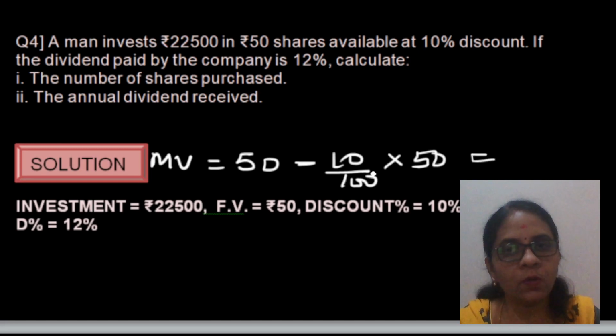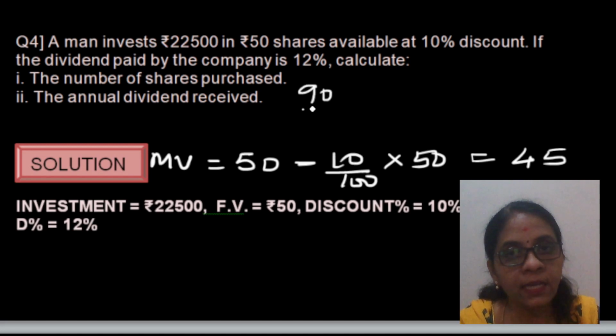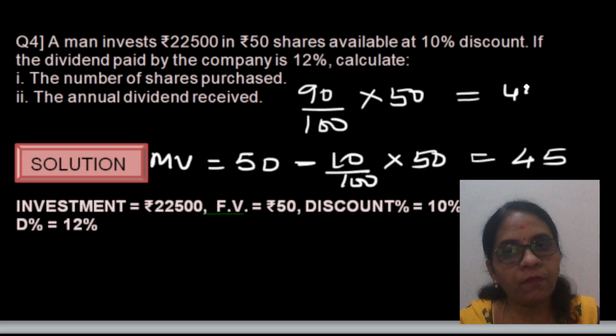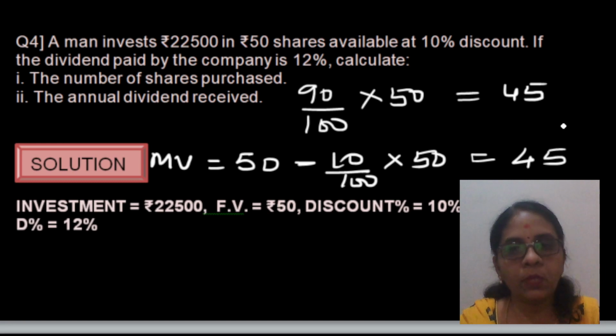Cancel this 0, this 0. 50 minus 5, which is 45 rupees. Also, you can do it directly as 90 by 100 into 50, which is also 45 rupees. So whether you choose this way or this way, you should get the same value for the market value, otherwise we have made some mistake.